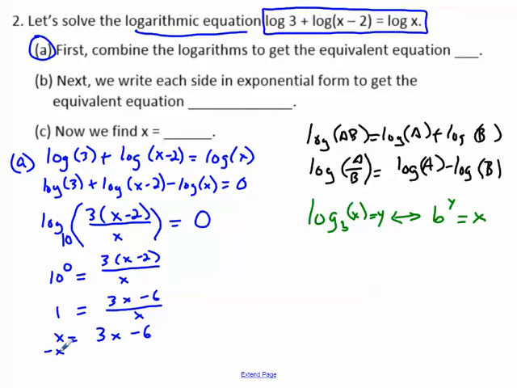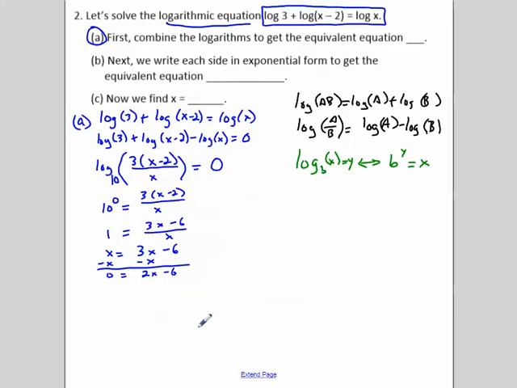Now we subtract x, we get 0 equals 2x minus 6. I'm going to extend my page here a little bit. I'm going to add 6 to both sides, and I get 6 equals 2x. Divide by 2, x equals 3, and I'm done.